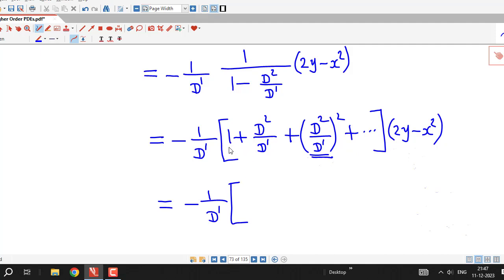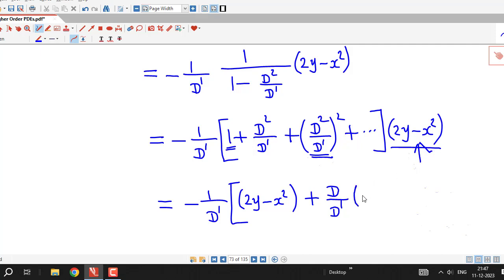So first I am applying this one on the right hand side, that is 2y minus x square, and here I am applying D a single time. D square can be written as D into D, and D means partial derivative of this function with respect to x.